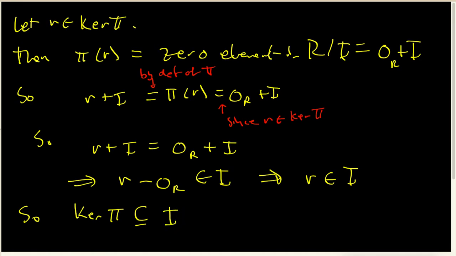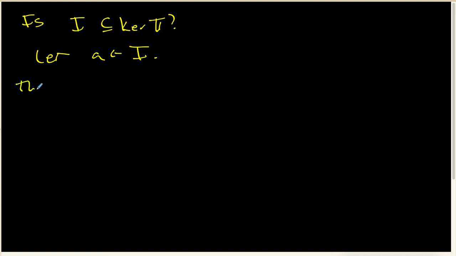Well, does this inclusion go the other way? Is I a subset of the kernel of pi? Well, let's let a be anything inside I. Then what I know is that pi of a is equal to a plus I, but because a belongs to I, a plus I is the same thing as just I itself.